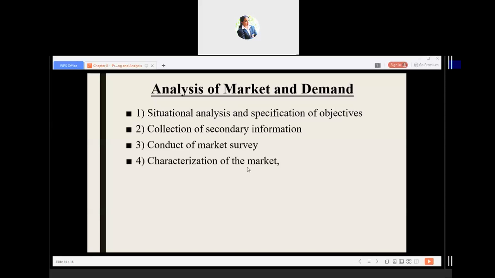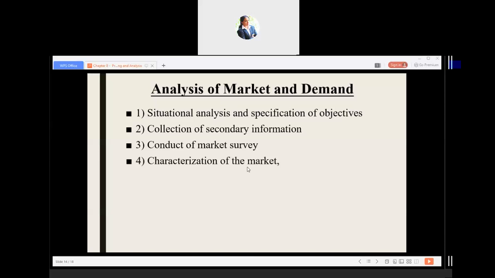FOB is nothing but freight on board, and CIF is cost, insurance, and freight. All this comes under export and import, when goods are shipped from one country to another. Or the landed price of the imported goods, average wholesale price, and average retail price. All this would be taken into account.